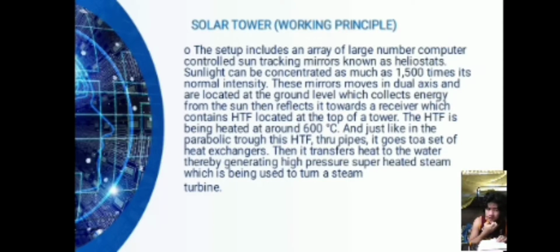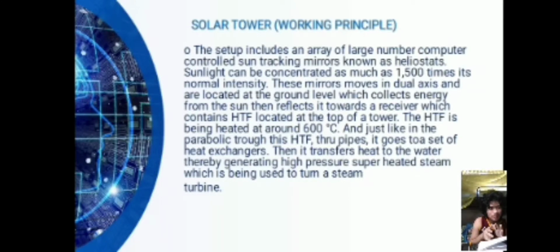So, yung setup nito is marami siyang mirror na nagtatrack ng araw. Then, nire-reflect niya yung heat energy ng araw sa isang receiver wherein lahat nung mirror na yun ay nakatutok doon.